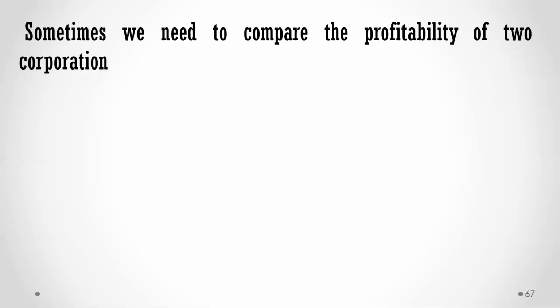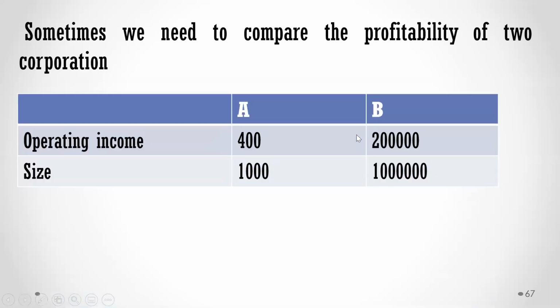So let's consider sometimes when we need to compare the profitability of two companies. So let's say A and B. A's operating income is 400 and B's is 200,000. So in terms of the amount, we say that B has higher profit. But can we say that in terms of profitability, B has a higher profitability? No. It depends on the size, right?